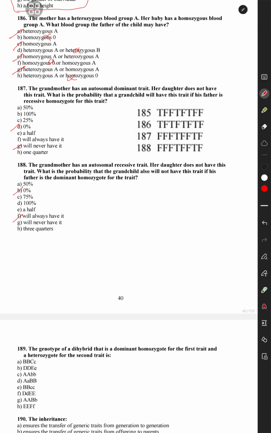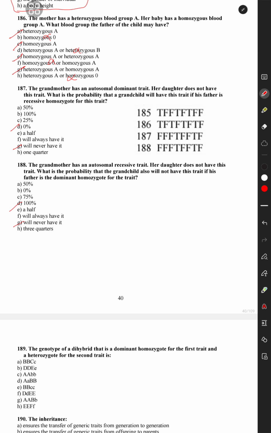Is the dominant homozygote for the trait. False, false, false, true, false, false, true, false, false, false. Not have this trait. False, true. False, false, true. Will never have it.